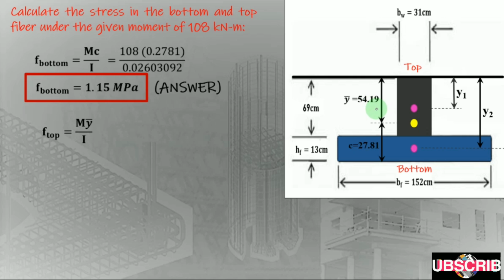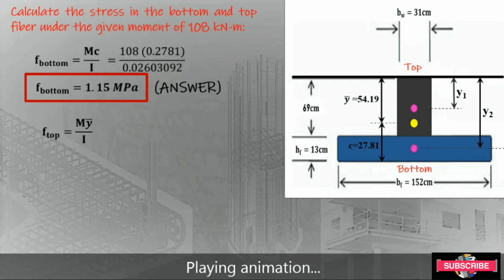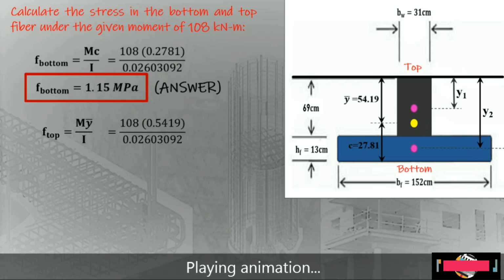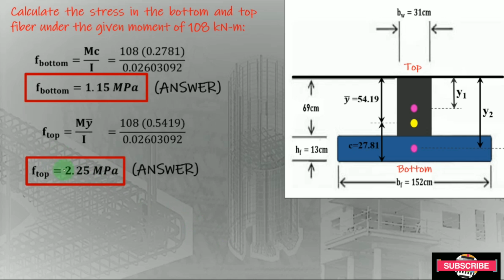Then we use the same moment of 108 kilonewton meter and the gross moment of inertia 0.0260302. Substituting those values, calculating and converting the result into megapascal, we have 2.25 megapascal for the top bending stress of this inverted T-beam, and this would be our answer.